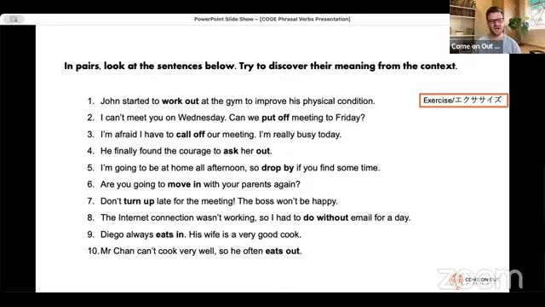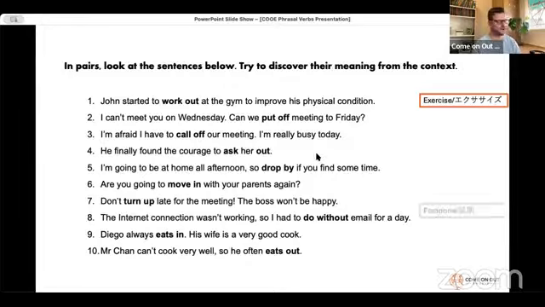Number 2, I can't meet you on Wednesday. Can we put off our meeting to Friday? Put off. What do you think is the meaning of put off? Write down your answer in the chat or on a piece of paper. All right.